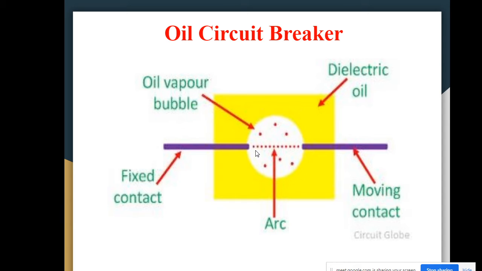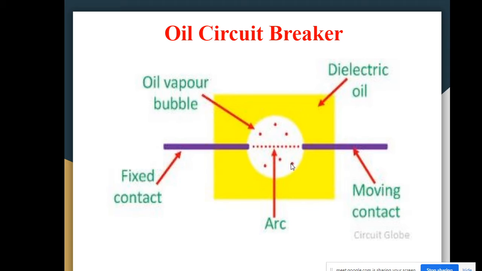The methane and ethane gases are a very small percentage compared to the hydrogen gas, so we are not considering them in the explanation. We are considering the hydrogen gas, which occupies 1,000 times more volume than the oil between the contacts.